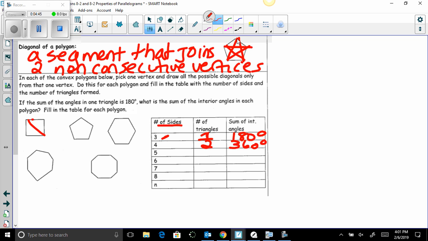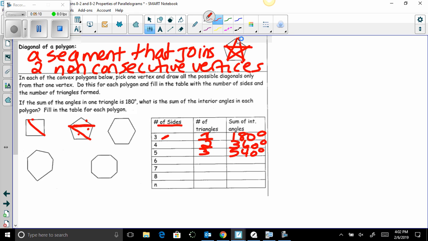In a 5-sided figure, how many triangles can I end up making? Well, I can make one right here, and one right here, and one right here. So I end up making 3 triangles, and 3 times 180 is 540. Do you notice the pattern as to what is happening here?